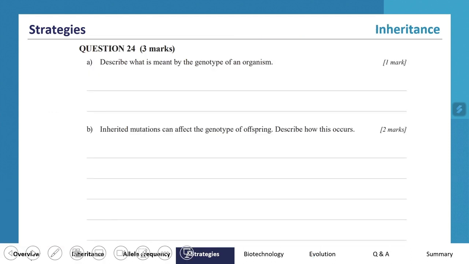Another way that inheritance can be assessed is through understanding how inheritance is passed on. So describe what is meant by the genotype of an organism. This is the combination of alleles that you get from the mother and father.